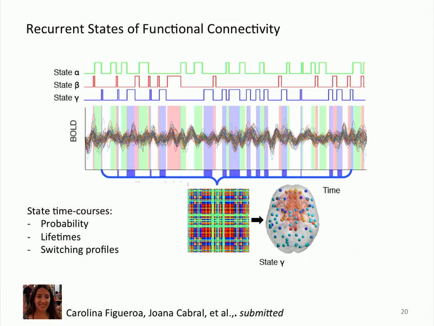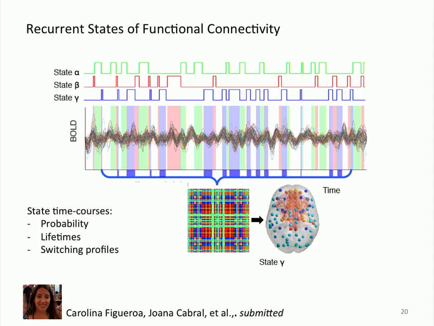But in general, when we apply this, we not only identify the cluster centroids, but we can have the time course of these states. So for example, here, Caroline is applying this to a depression data set, and we can see the blue states, when it occurs, and how the pattern looks.